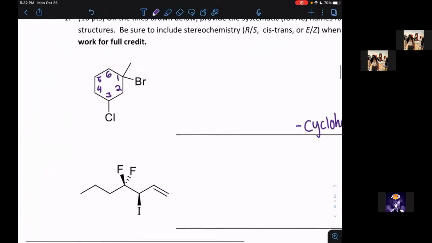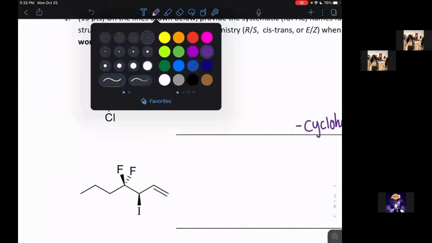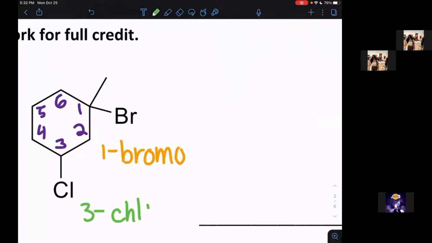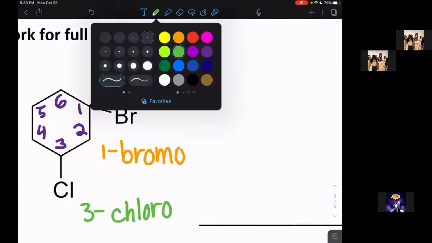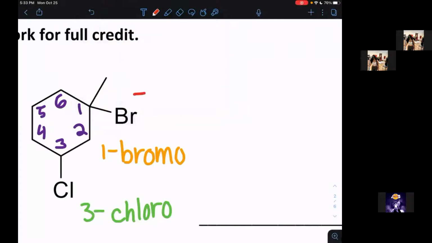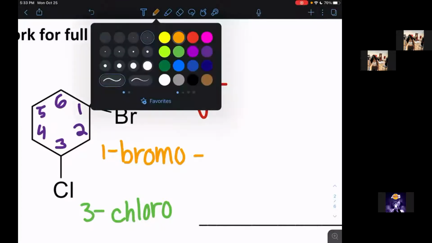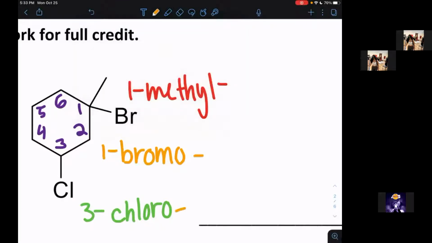Okay. And then we'll go ahead and name the substituents. So this one's kind of easier. So 1 bromo. And then this one will be 3 chloro. And then this one is 1 methyl. And then you would put them all in alphabetical order for the substituents.